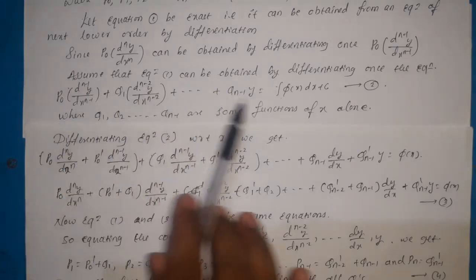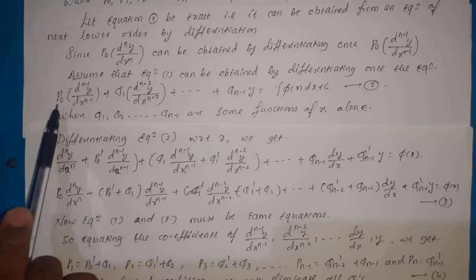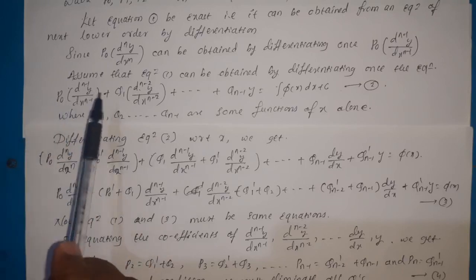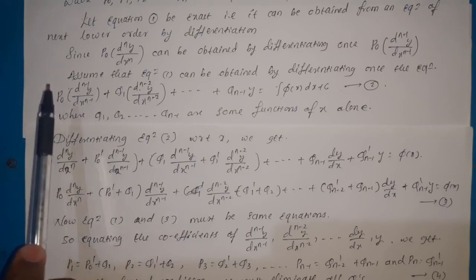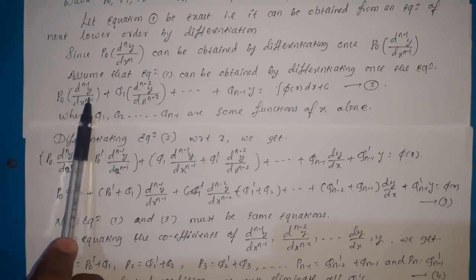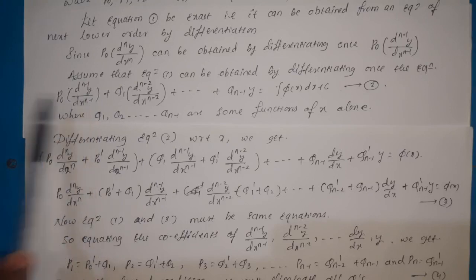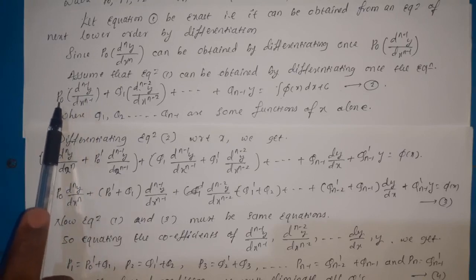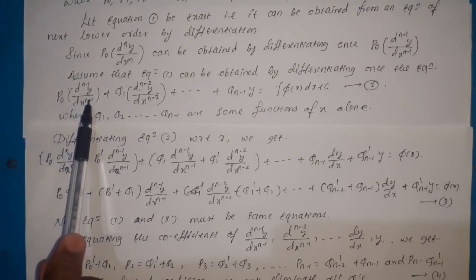Next, let us differentiate this equation with respect to x. Now let us consider the first term. Here we know that p0 is also a function of x, and this is also a function of x. So therefore to differentiate this term we need to apply the product rule. Now let us consider p0 as it is, the first function as it is, and the differentiation of the second one.